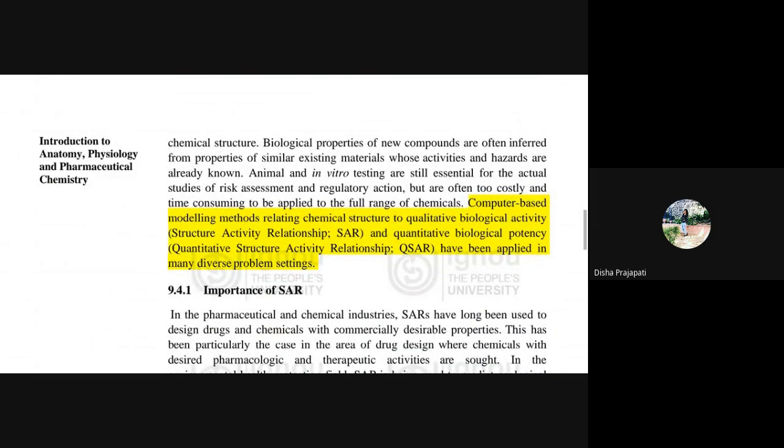Computer-based modeling methods relating chemical structure to qualitative biological activity, that is called a structure-activity relationship, and quantitative biological potency, that is called quantitative structure-activity relationship, have been applied in many diverse problem settings.